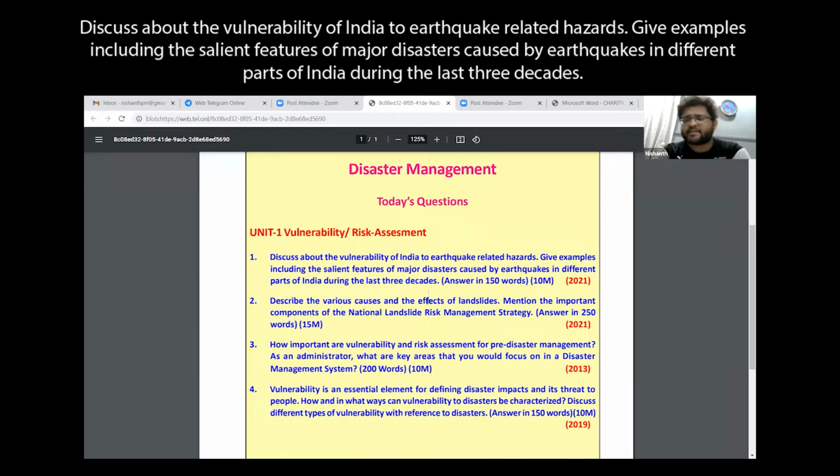And the second major thing is the tsunami caused by an earthquake, which was one of the major catastrophes, not only in India, but the entire Southeast Asia. And then you can write about the various earthquakes, like the Latur earthquake and various landslides, which frequently happen in the hilly regions of Himachal and the Northeast region.